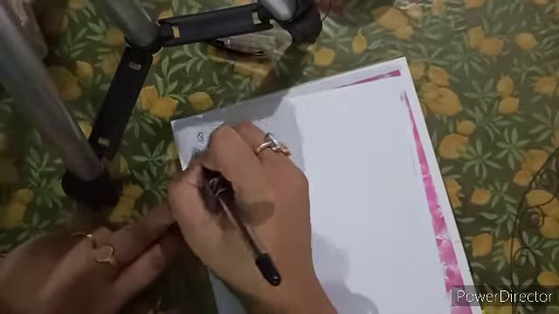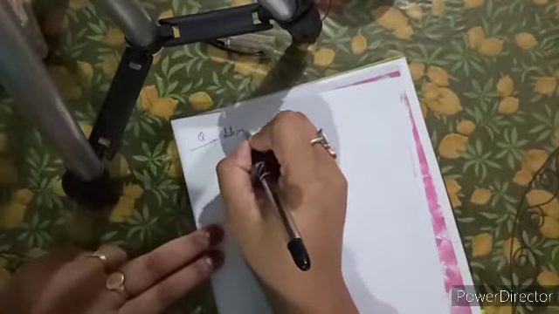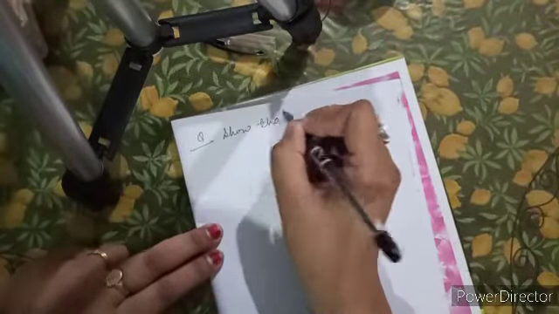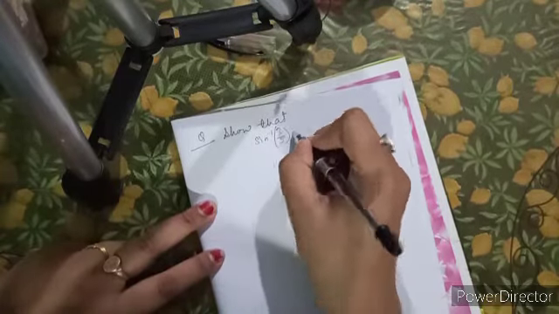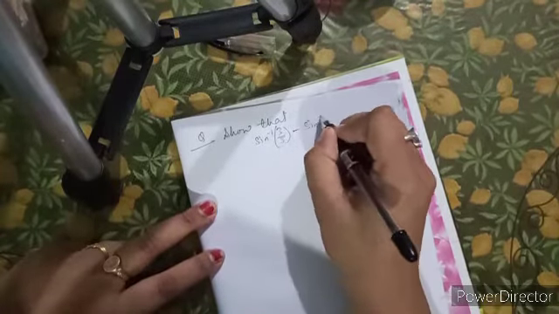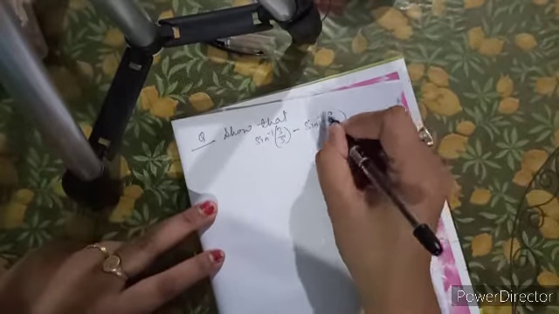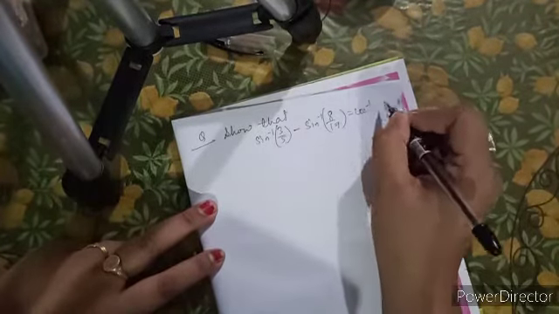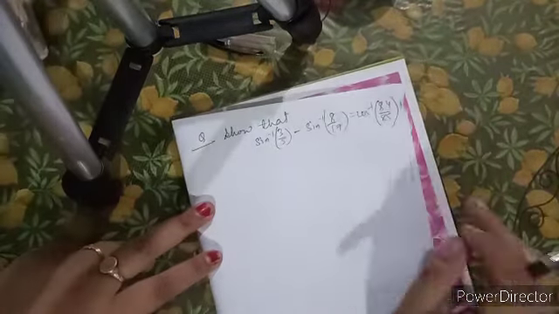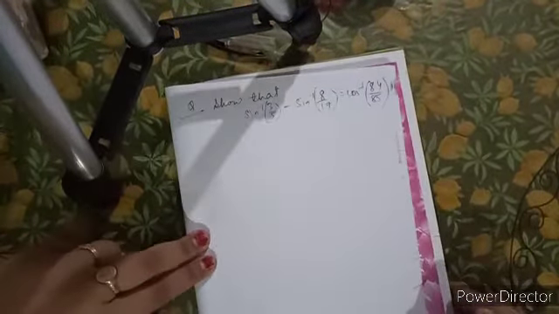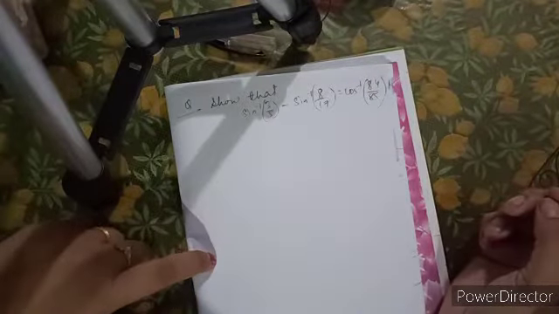Okay. Next question. Show that sine inverse 3 by 5 minus sine inverse 8 by 17 is equal to cos inverse 84 by 85. On the left hand side you have sine inverse function, and on the right hand side we have cos inverse function.